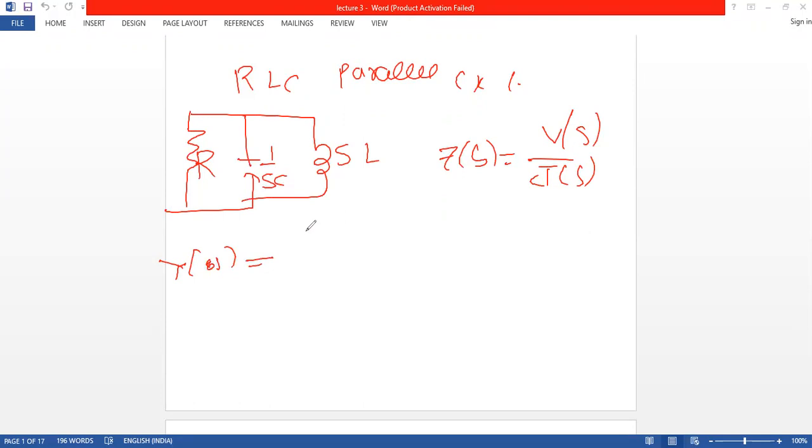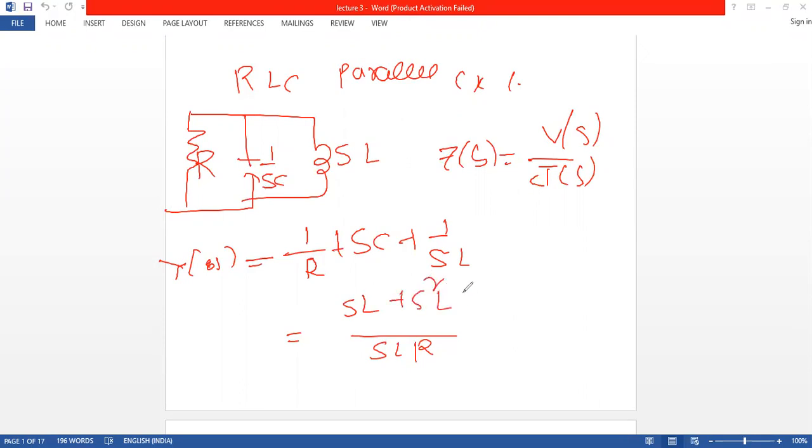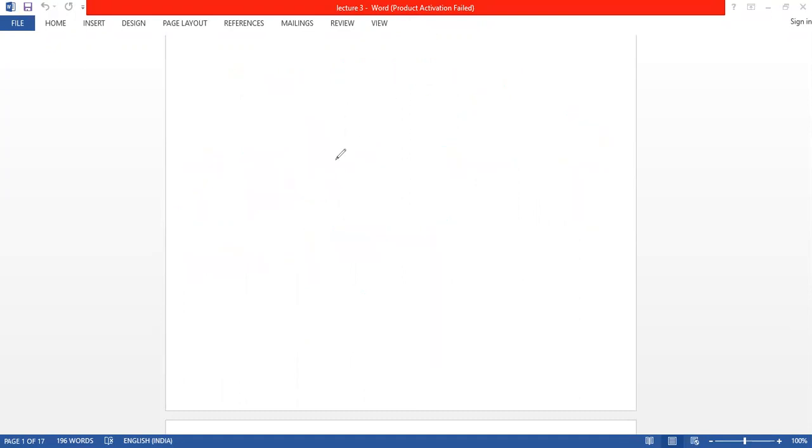Y of S is 1 by R plus SC plus 1 by SL. When you take the LCM, SLR, you get S square LCR plus SL, with R here. Now when you solve, you will get Z of S.